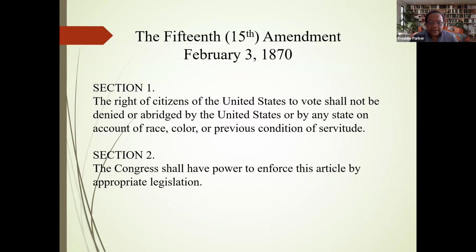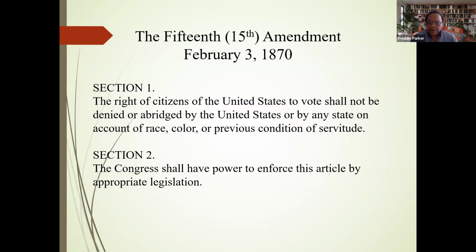We still play with it today, because in the last 10 years at least 1,500 laws have been passed, especially by the southern states, to take away, to play with, to deteriorate in many ways this right of citizens to vote.